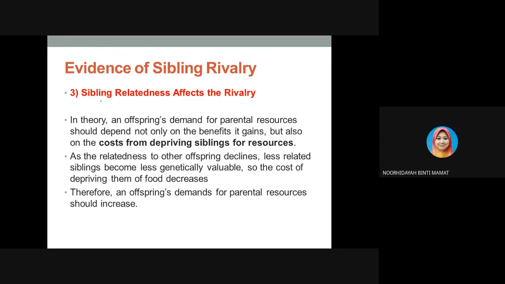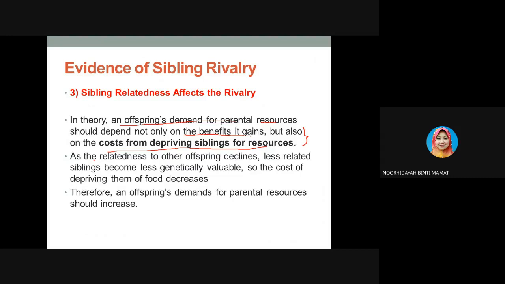The next evidence is that sibling relatedness affects their rivalry. In theory, an offspring's demand for parental resources should depend not only on the benefits that the offspring can gain, but also on the cost of depriving siblings of resources. So there are two reasons why offspring demand parental resources: first, the benefits for itself, and second, the cost of depriving the siblings of resources.